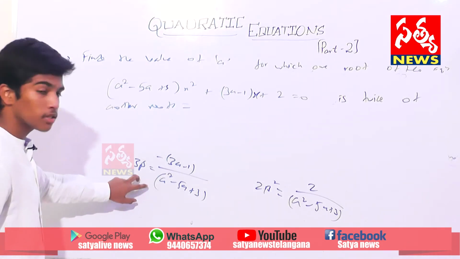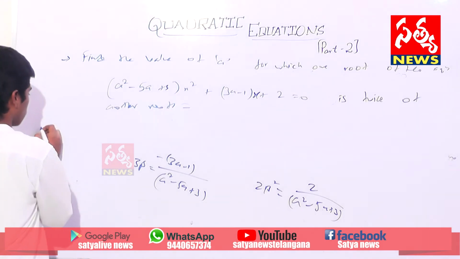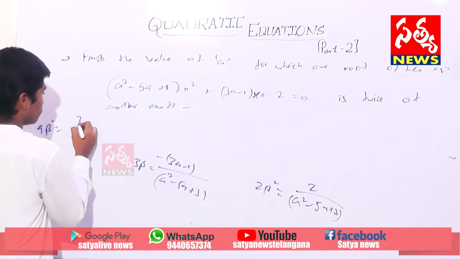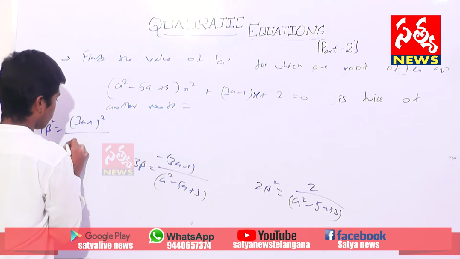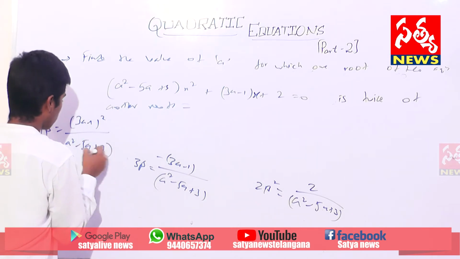Now I am squaring this equation on both sides. 9 beta square is equal to (3a minus 1) whole square by (a square minus 5a plus 3) whole square.